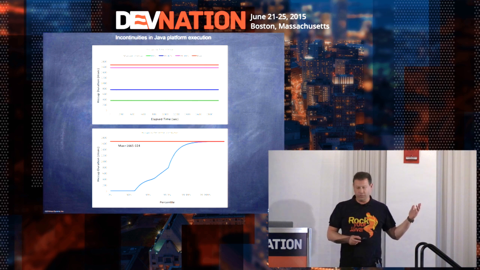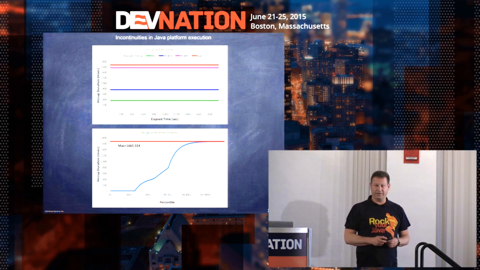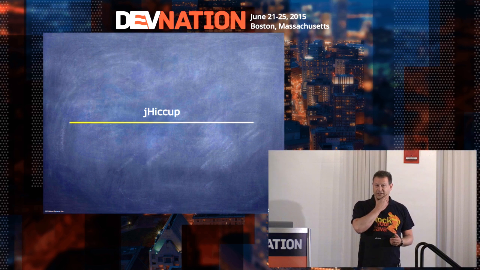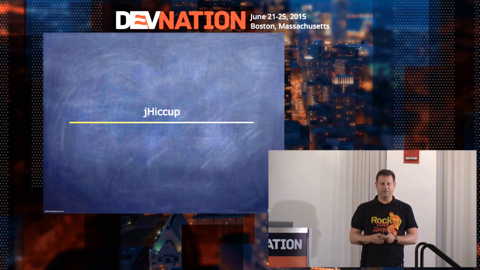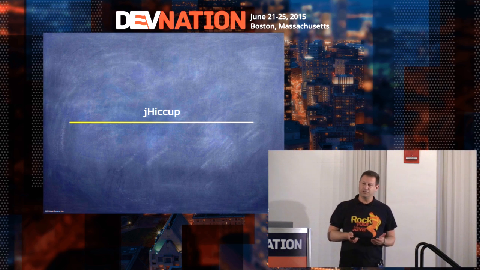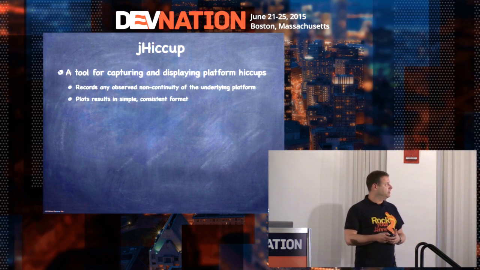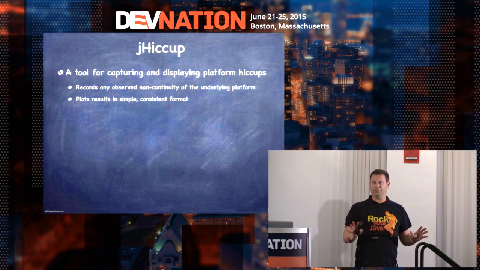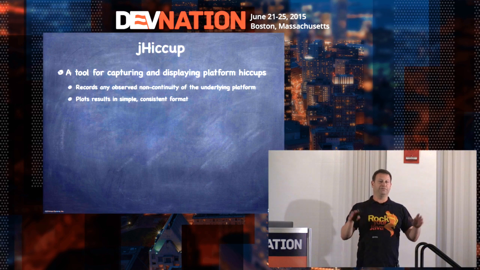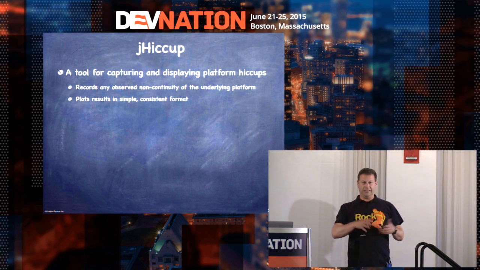So, where do I get this kind of thing from? There's a tool called JHiccup. I actually built it about three and some years ago. There are all kinds of reasons I built it, but it's being used a lot to study the actual hiccup behavior of applications. It's meant to basically capture the hiccup behavior of your application on your JVM, on your computer, on your operating system, on your hypervisor, on your hardware, and anything in the middle.